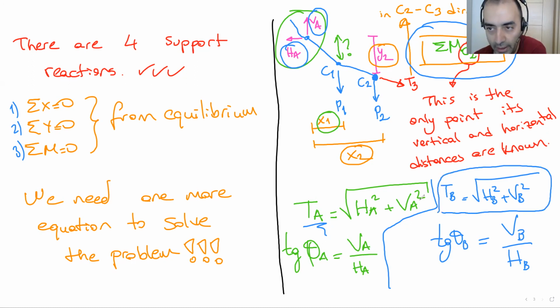So in the first equation, what we did, we calculated the support reaction. After we get the support reaction, yes, we can calculate the other stuff. For example, if I ask you what is the vertical location of C1, let me write it here.